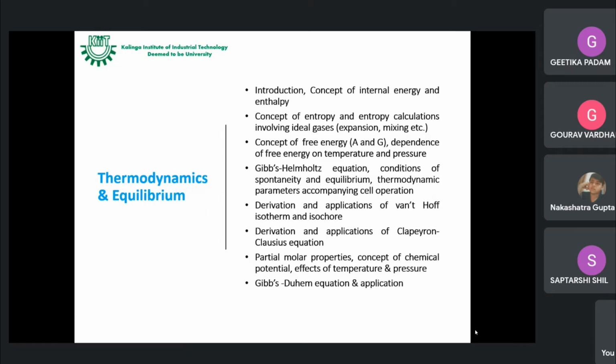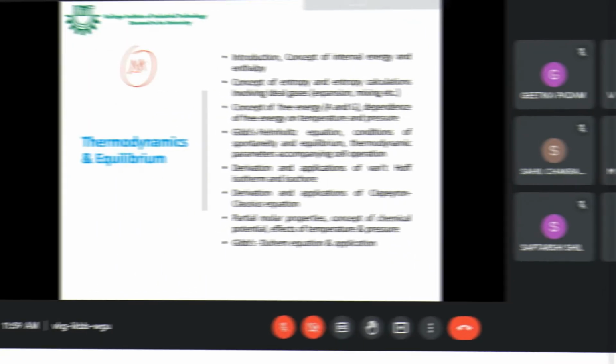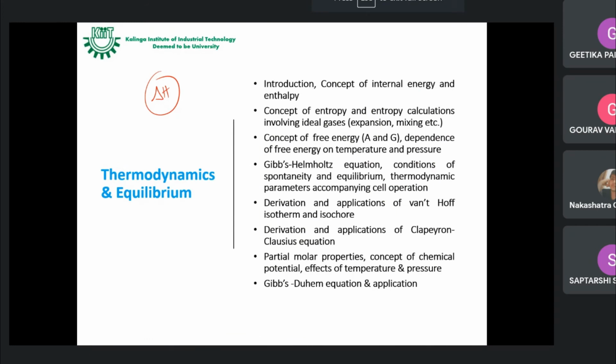So in thermodynamics, if you look at the +2 thermodynamics from the chemistry point of view, the whole syllabus in +2 or intermediate revolves around the different types of heat changes accompanying a process and how to calculate that heat change or enthalpy change. Heat change, we mostly understand as enthalpy change, delta H. Rather than thermodynamics, I can say we are mostly dealing with chemical energetics.